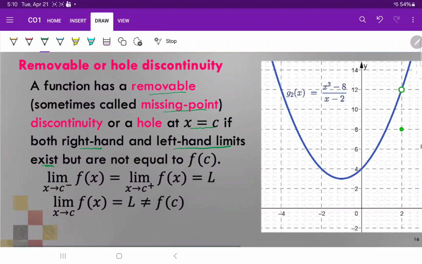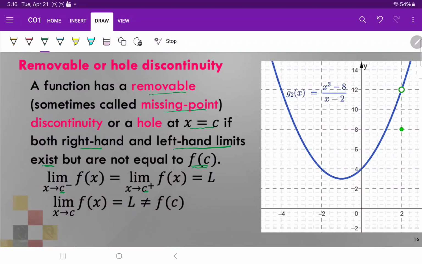Okay? So, we say that the limit of the function as x approaches c coming from the left and the right exist, but is not equal to f of c.